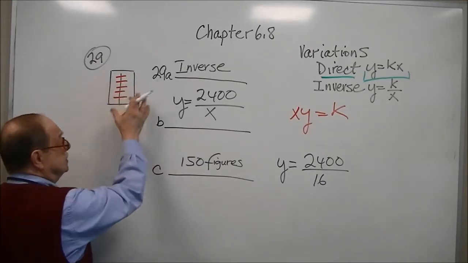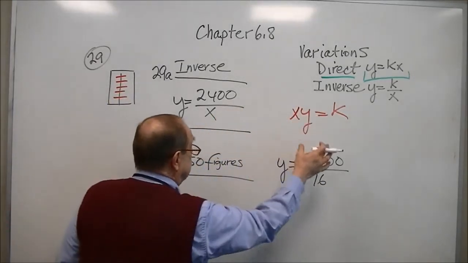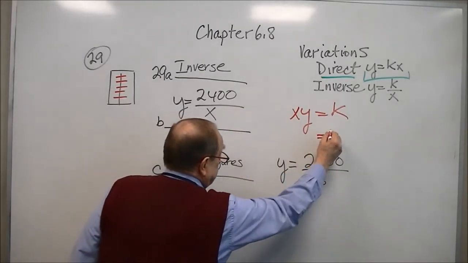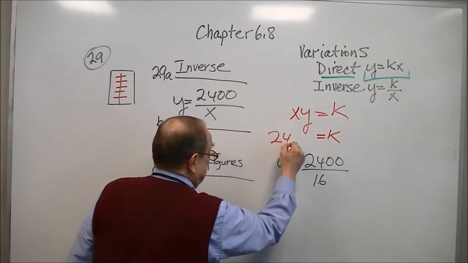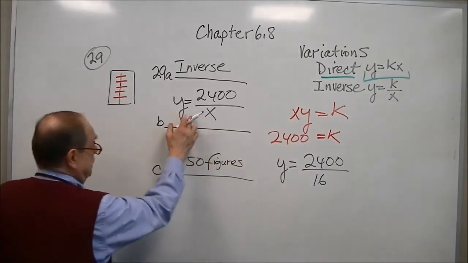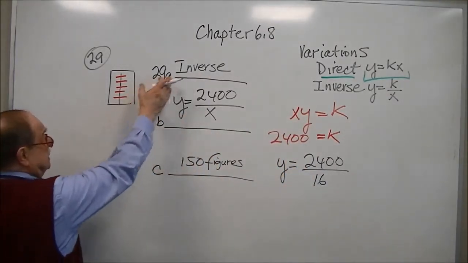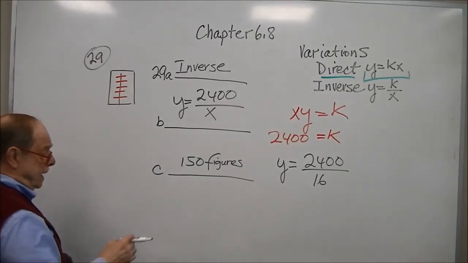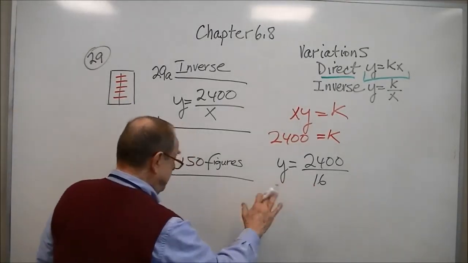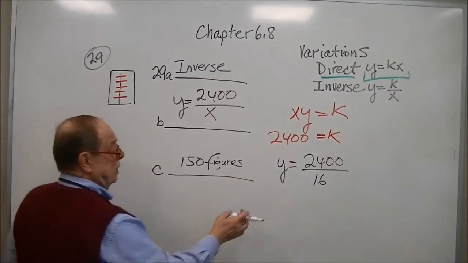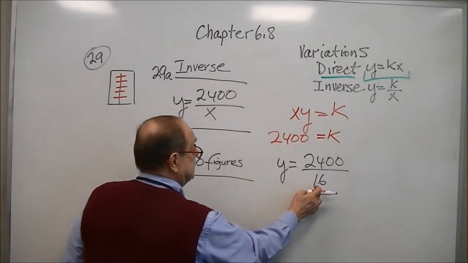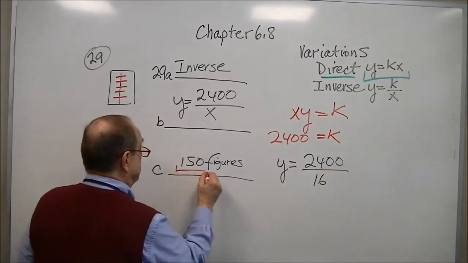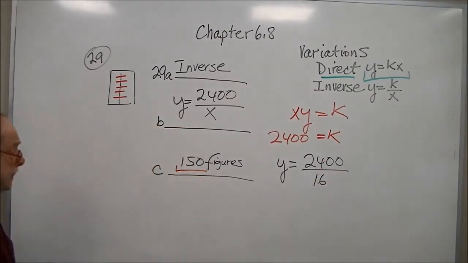So if you substitute any value in there, you're going to get that k is 2400. So there's your formula. And of course, this is an inverse relationship. And if they have 16 artists, how many figures? Well, you just put down 16 as the denominator, do the division, and you end up with 150.